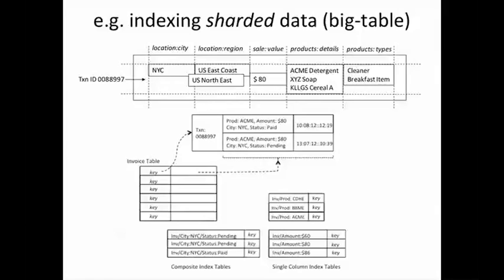Similarly, one could create index tables for amounts as well as for combinations between, say, city and the status of the transaction. It's also useful to create this index in sorted form, so that when you insert the records in an index table, they actually get inserted in sorted order.